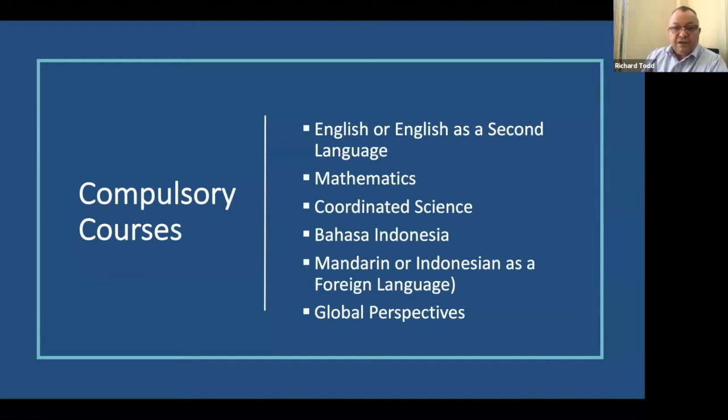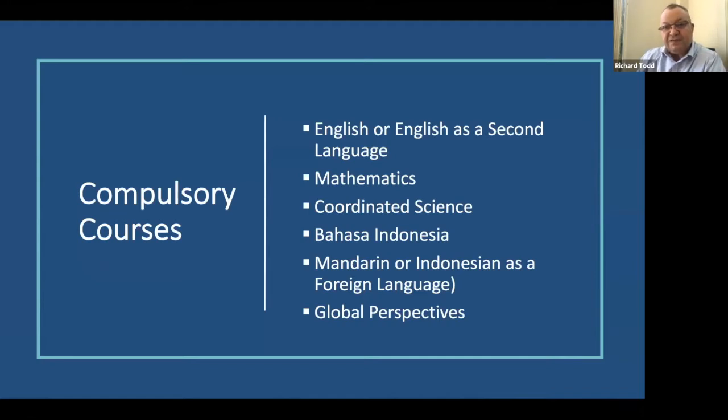Compulsory courses in year 9 and 10: English as a second language, mathematics, coordinated science, Bahasa Indonesia, Mandarin or Indonesian as a foreign language, and global perspectives.